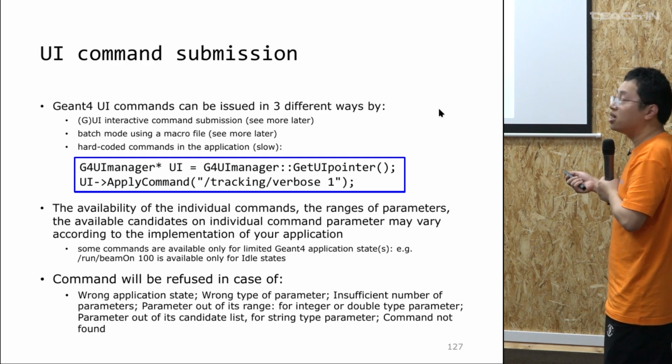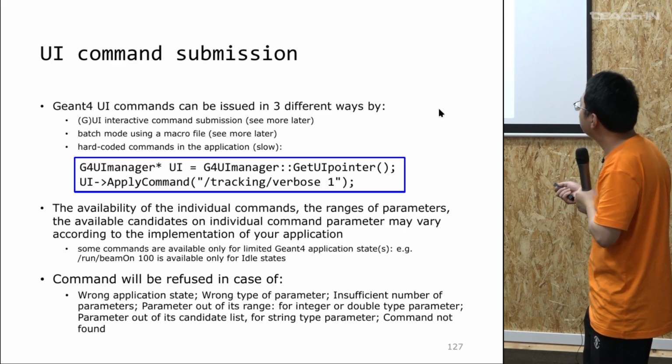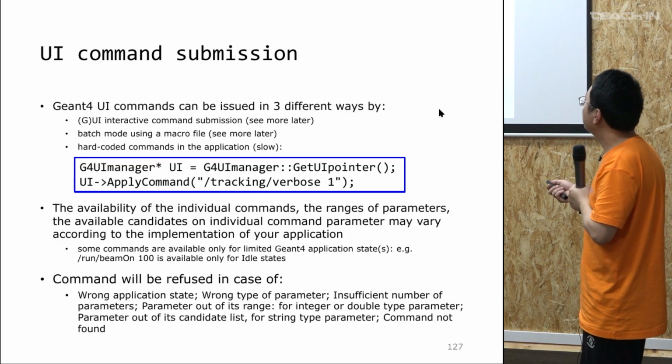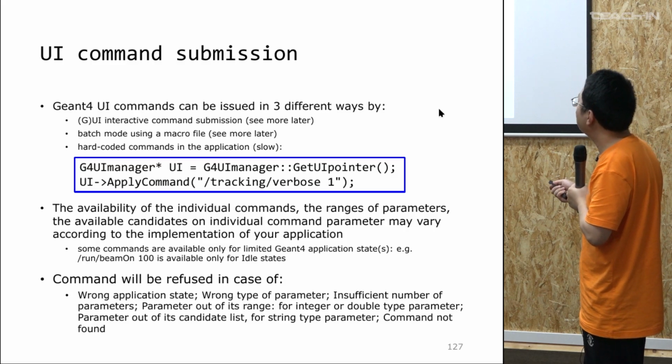In Geant4 you can of course use this command in the C++ source code by invoking the UI manager. The UI manager provides you the interface to invoke the UI command.